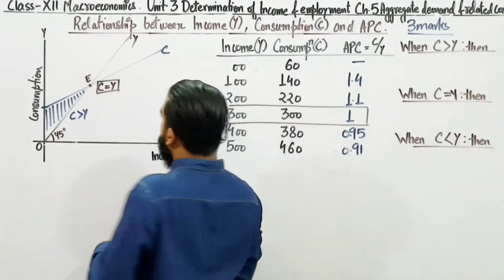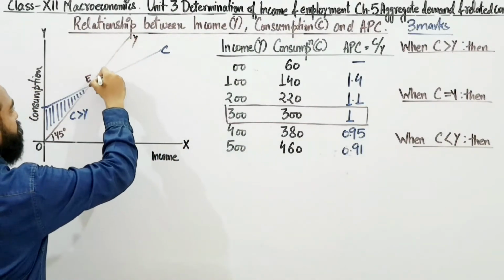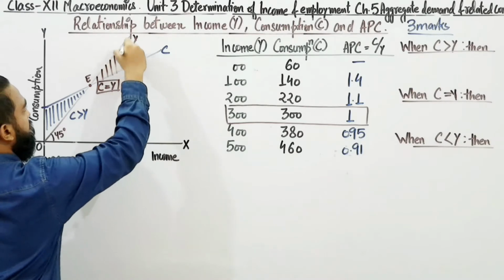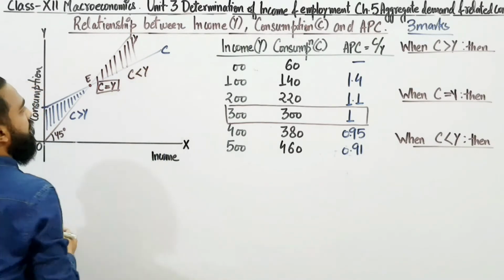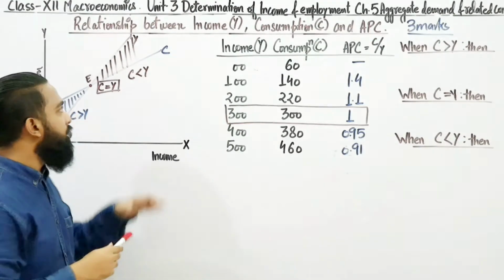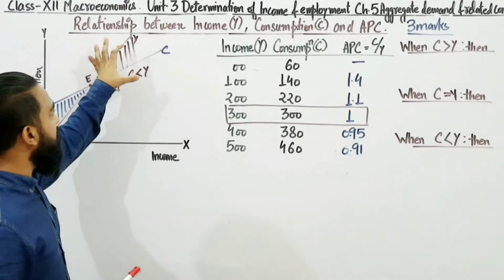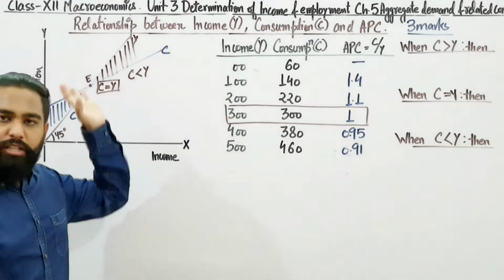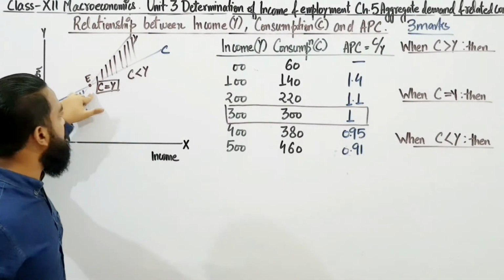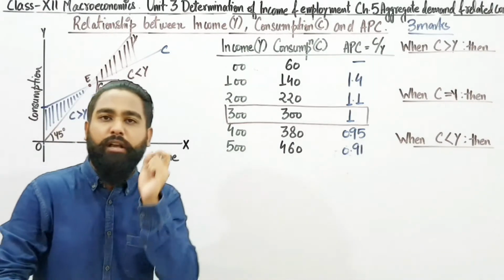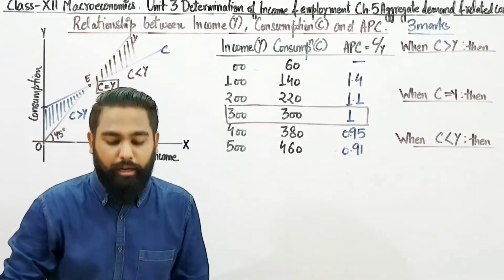And this portion shows that here the income is more than consumption. Consumption is lesser in comparison to income. And this point E shows that here the consumption is equal to income.